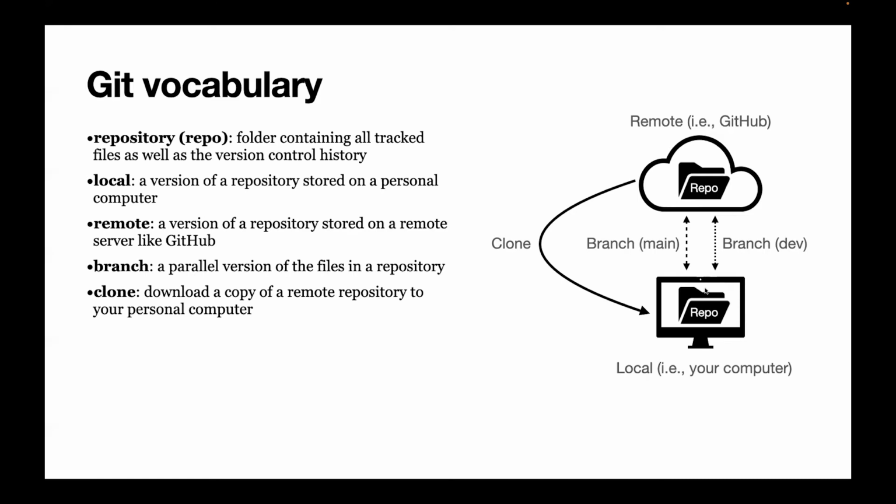And then a lot of times if you're doing something on your own, you might have one other branch called dev or something similar, and that's your development branch. That's where you test things out, where you might break code and cause problems, but it's not going to break your main code, which might be on a website or an R package, and then people try to install it and they're like, this doesn't work anymore.